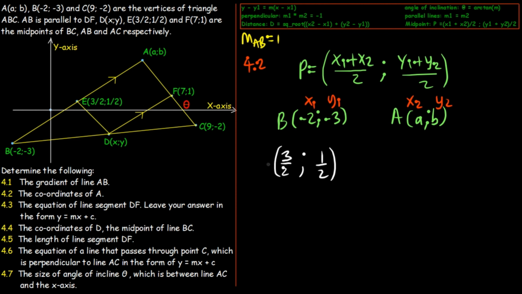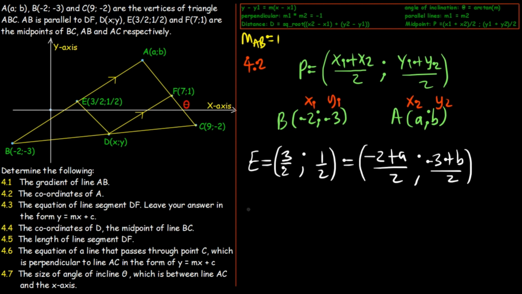This is our midpoint, which is E. To get this midpoint, we use this formula, so we substitute these values into it. Our x1 is -2, and our x2 is A, then we divide by 2. Then our y1 is -3, plus B, our y2, then divided by 2.